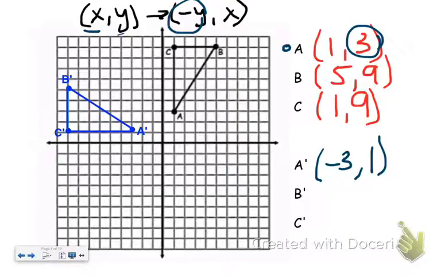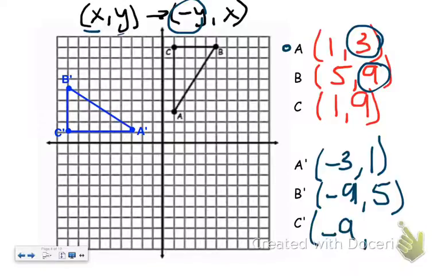So let's do the same for B prime and C prime. So B, we have a positive 9 as our y value, so our new x value is going to be a negative 9. And our new y value is going to be the x value for B, which is 5. And finally, C prime is going to be at negative 9 and positive 1. So this is just a different way that we can identify what the new coordinates are for our image.